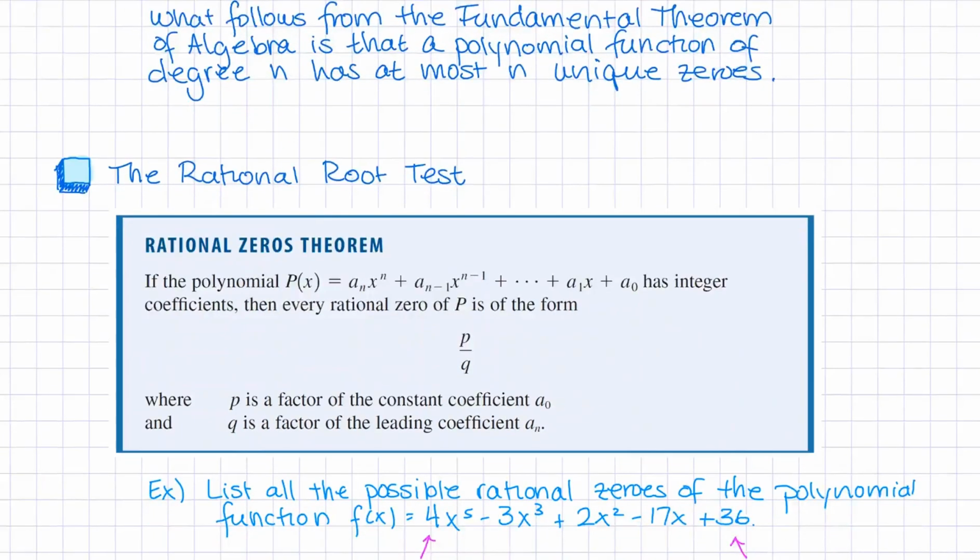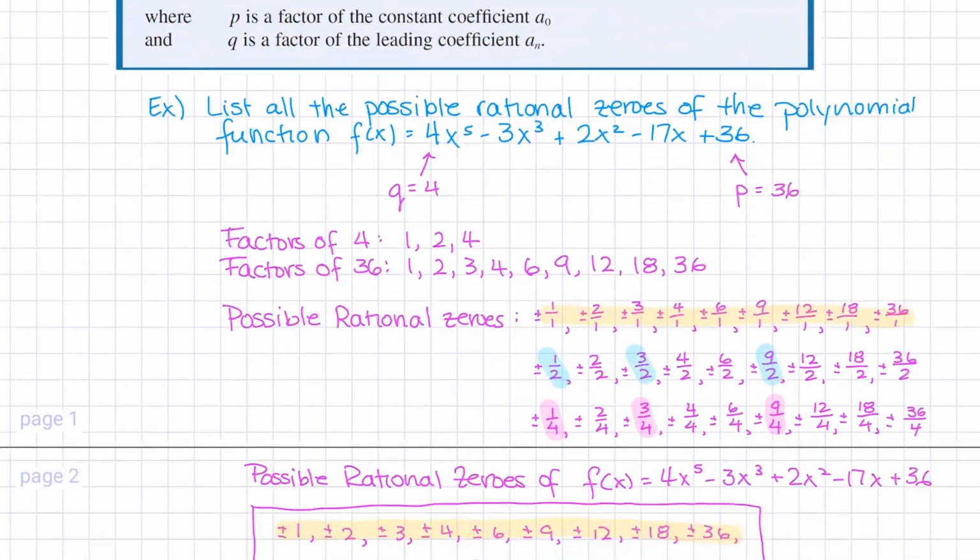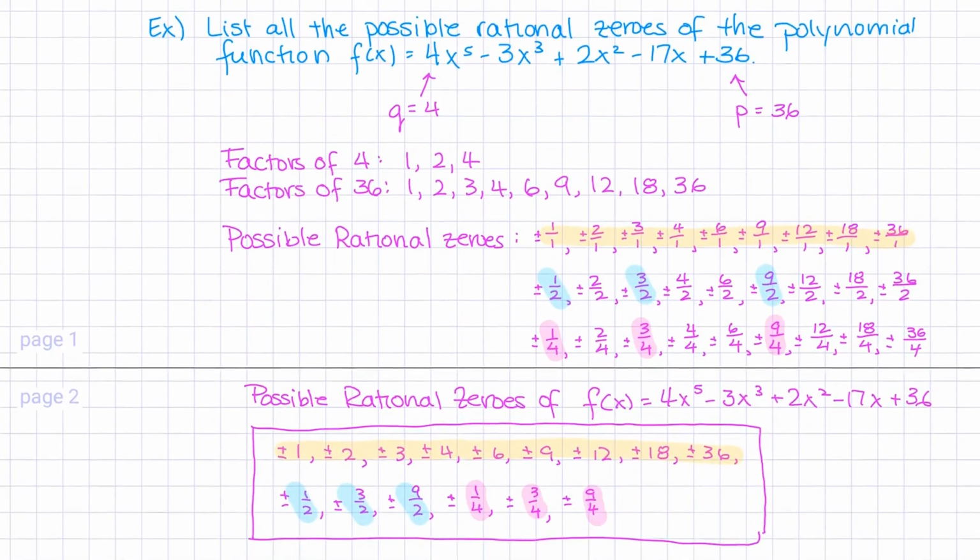Let's just take a quick look at an example of how you can use this. This one's already worked out for us. It says list the possible rational zeros of the polynomial, and then it gives us this polynomial. Now, according to the rational root theorem, we look at just the leading coefficient and the constant term, and just look at the factors of those.